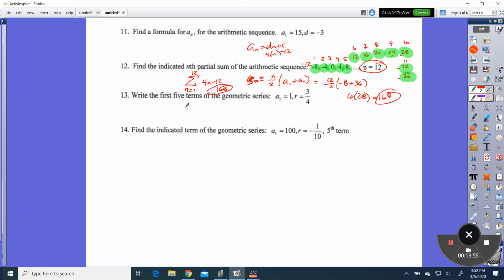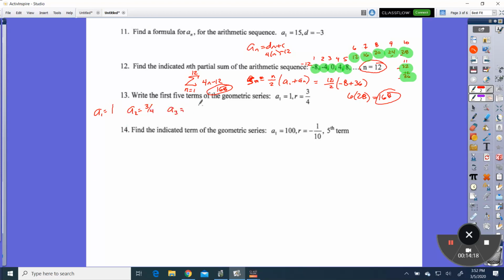Okay. Number 13 says write the first 5 terms. So A1 equals 1, R equals 3/4. So all we're doing each time, because it's geometric, means we're multiplying. Whoops, that's A2. We're multiplying by 3/4. So 3/4 times 1 is 3/4. Now I multiply by another 3/4.